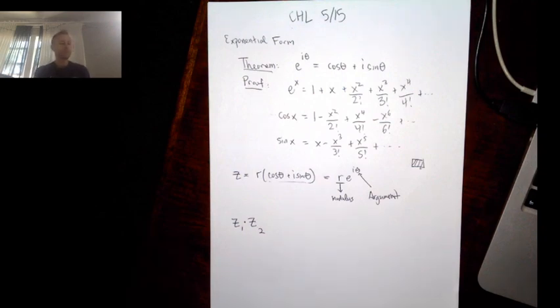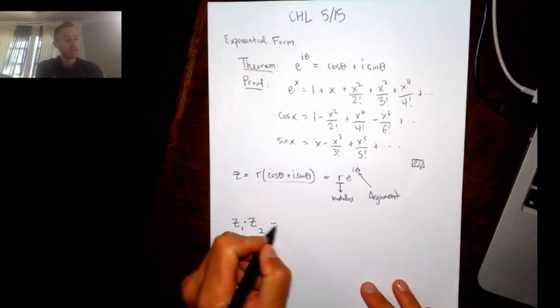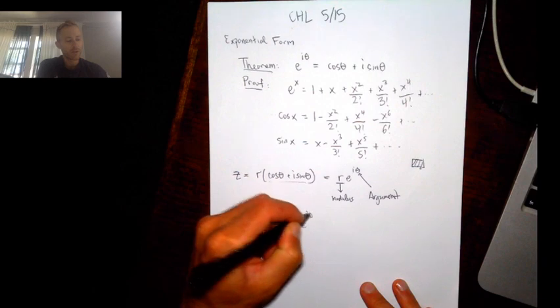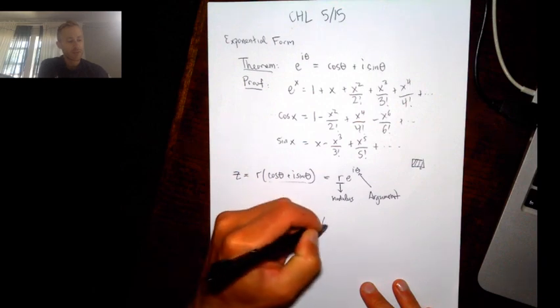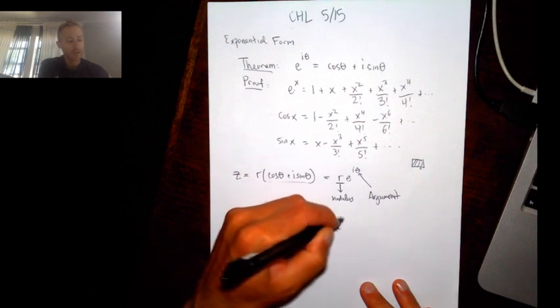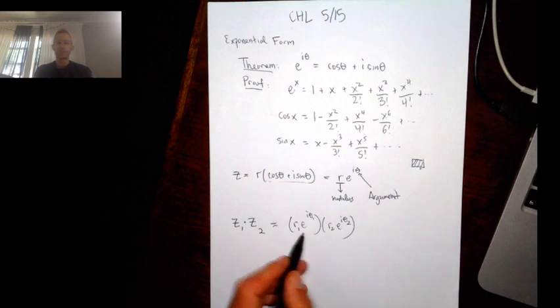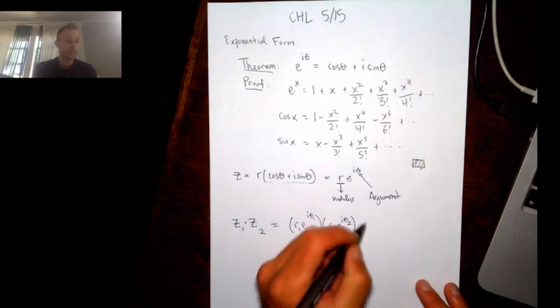z1 times z2. So that would be r1 e to the i theta 1 times r2 e to the i theta 2. Okay? So this is just four things multiplied together, so I can use the commutative property of multiplication to rearrange this.